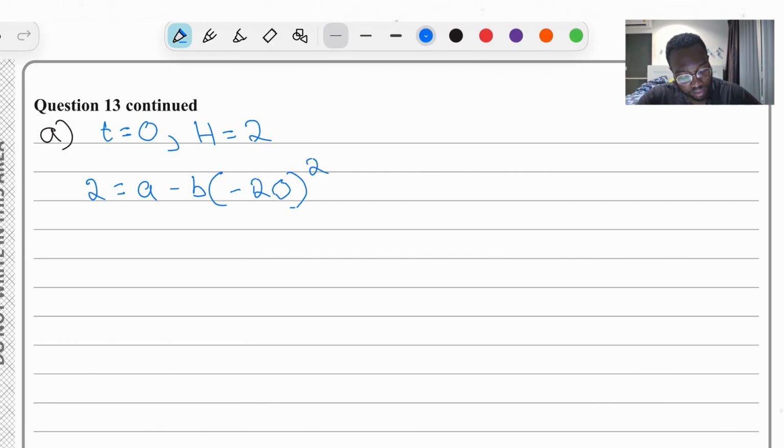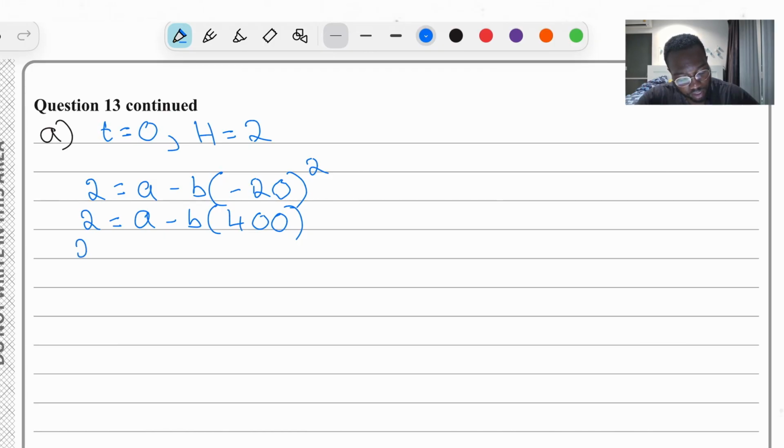And then if we work this out, we get 2 is equal to a minus 400b, because minus 20 squared is just 400.